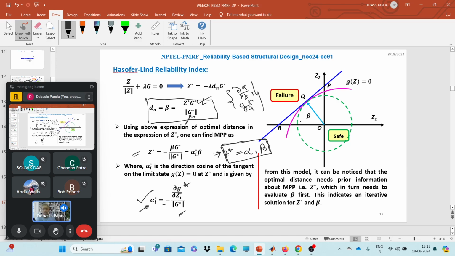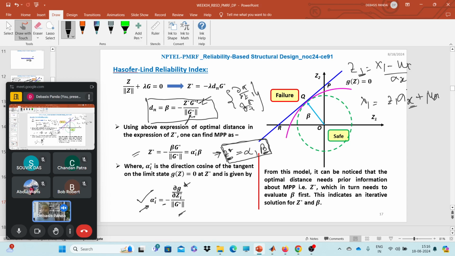Now, once we have the z star values and we found the beta value, we can convert z star into the x domain. We considered that z1 is x1 minus mu x by sigma x. So once we have z1, we can find x1. x1 equals z1 into sigma x plus mu x.